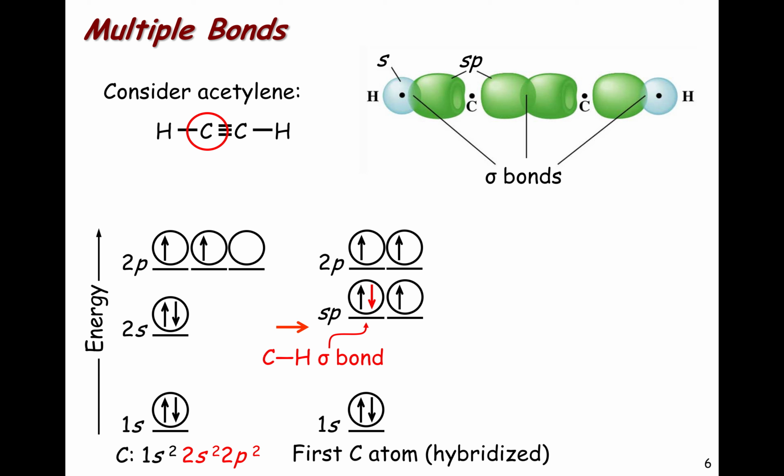And then in addition to that, we can form our carbon-carbon bond. Both of those are sigma type bonds because there's a direct overlap coinciding with the axis of the bonds between the atoms.